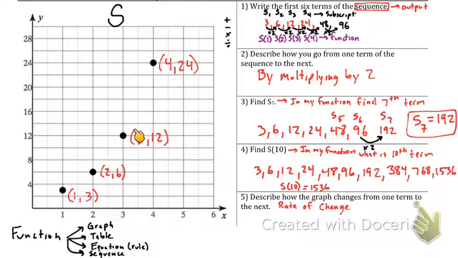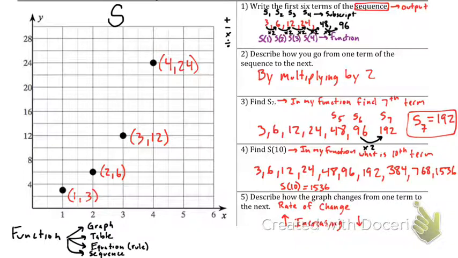So if I follow these dots from left to right, okay, are they going up? Is my graph going up or is my graph going down? Okay, so the rate of change is, you have two options. If it's going up, we call that an increase or increasing.